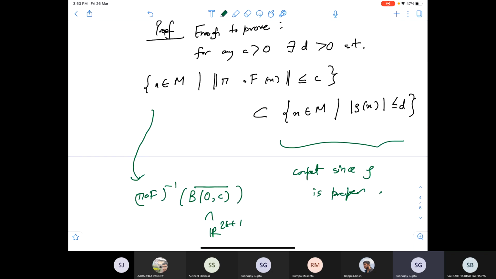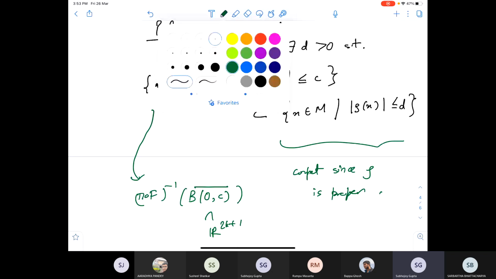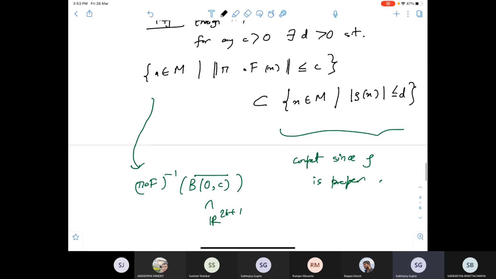So how do you prove this? Well, suppose it's not true.